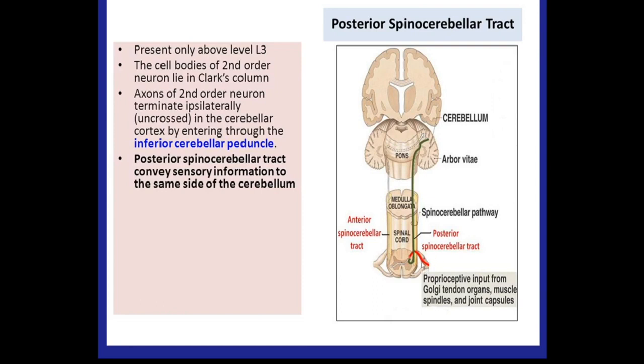Axons of these neurons enter the spinal cord, enter the spinal posterior horn, and form, ipsilaterally without crossing, the posterior spinocerebellar or dorsal spinocerebellar or Flechsig's tract.